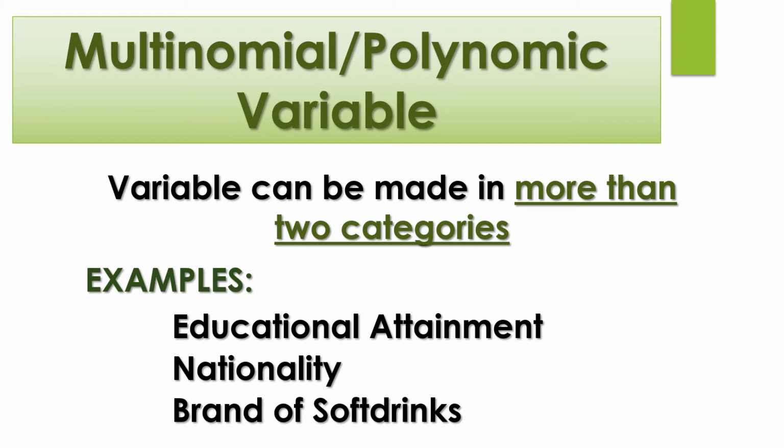Nationality, which I mentioned earlier, is not divided into just two. Even the brand of soft drinks is not just two. There are a lot of soft drink brands even here in the Philippines.